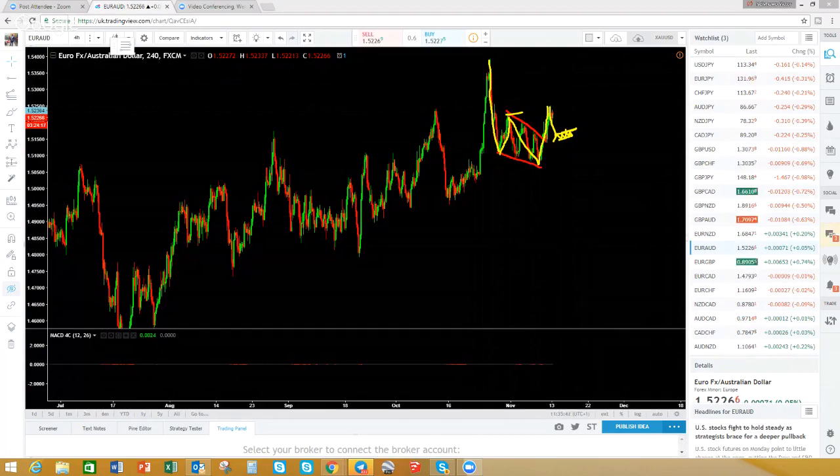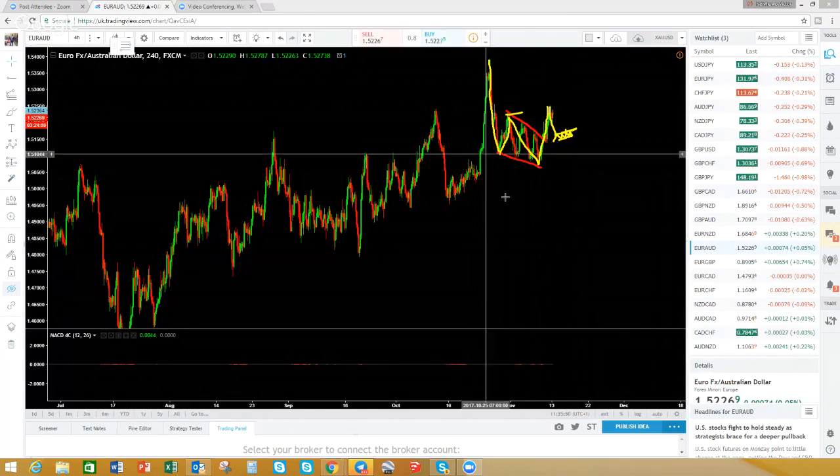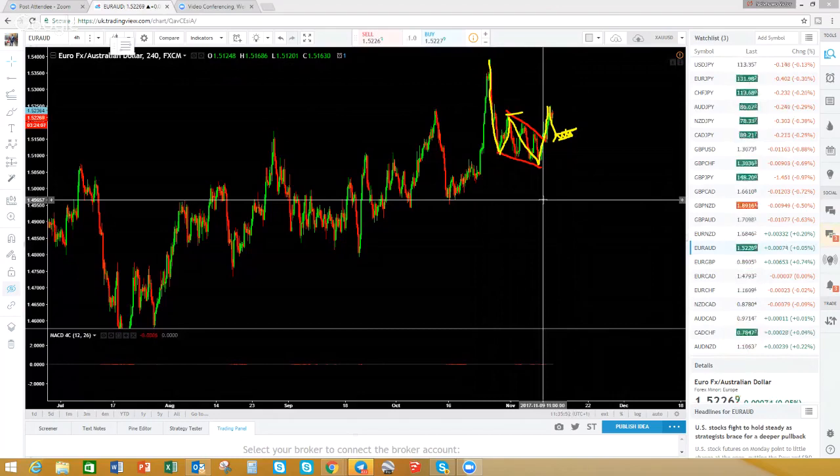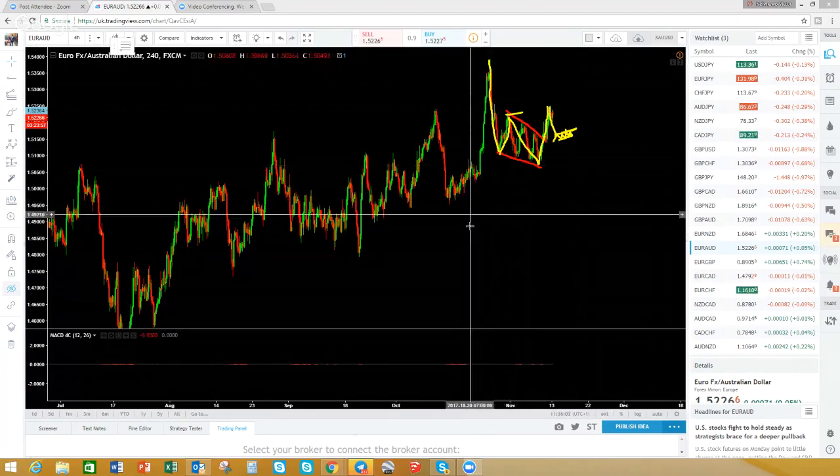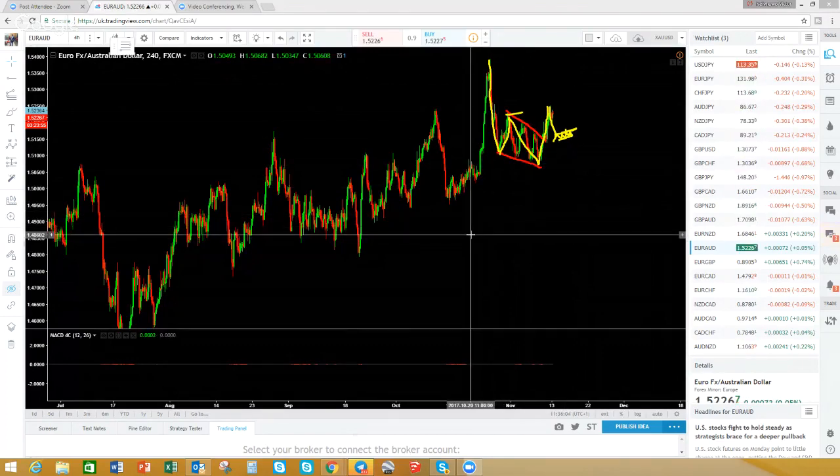The textbook definition of a wave, or not necessarily the definition, the function of a wave, is to transfer energy. It transfers energy from one point to another. So it's a medium of transfer of energy. So waves in Elliott wave theory are a transfer of price. It's transferring price from one point to another.